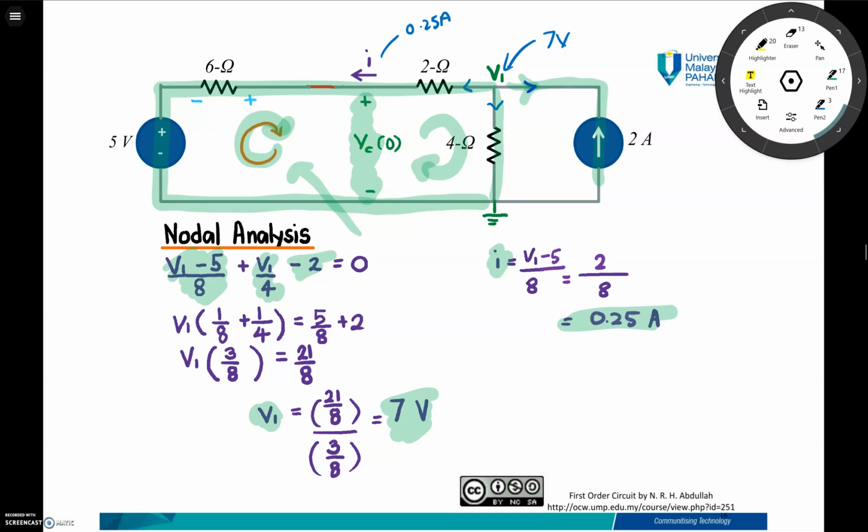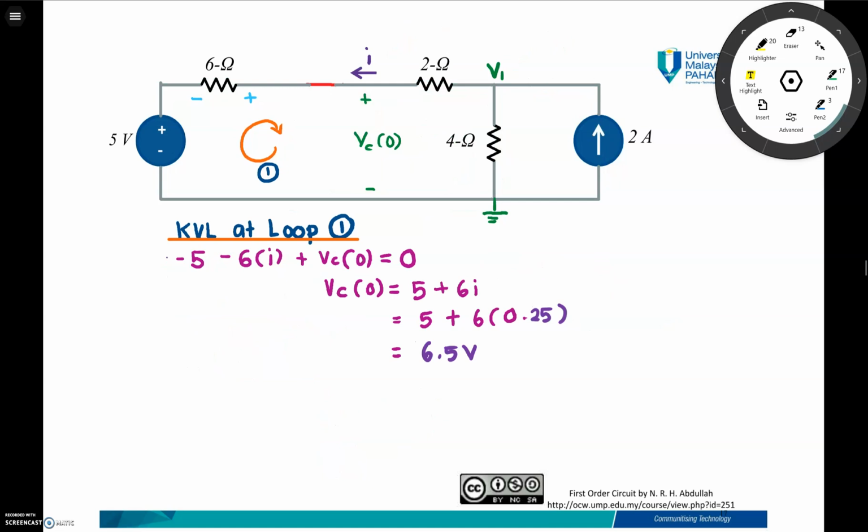I select the left loop to determine the value of VC naught. As you can see here, I choose this loop. In order to do the KVL, you have to remember the steps of the KVL. What is the first step?